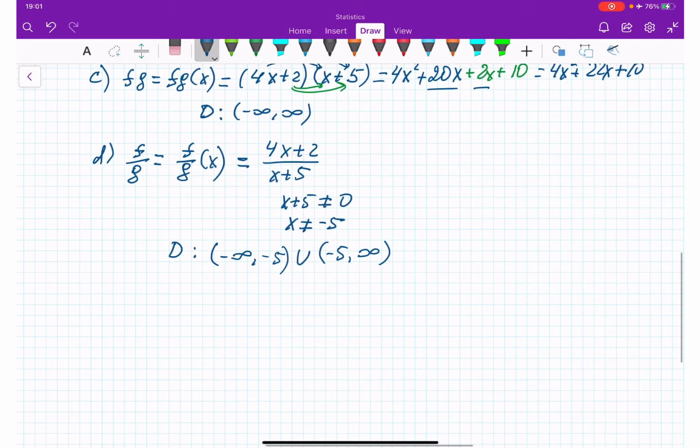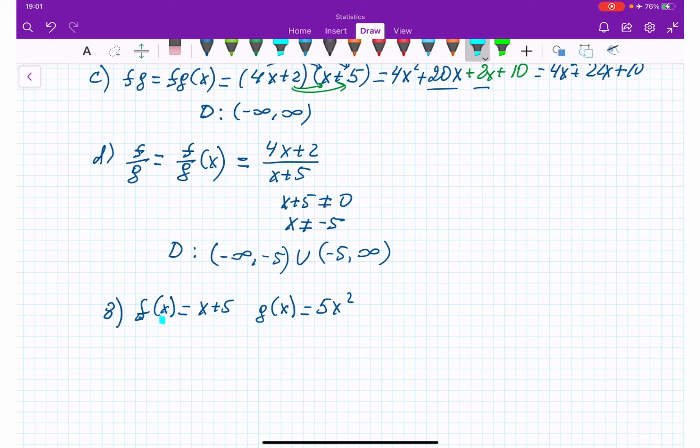Question number 8. What do we have? f of x is equal x plus 5. g of x is equal 5x squared. One more time, I would like to invite your attention.